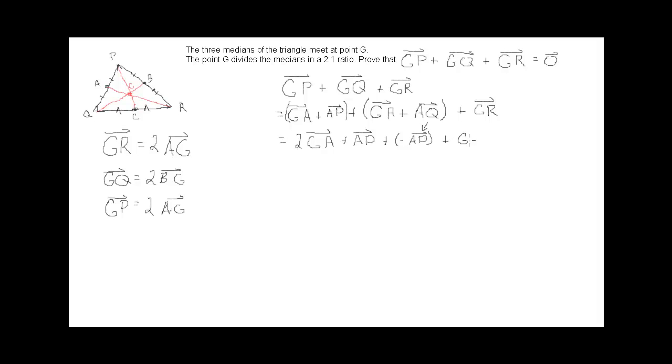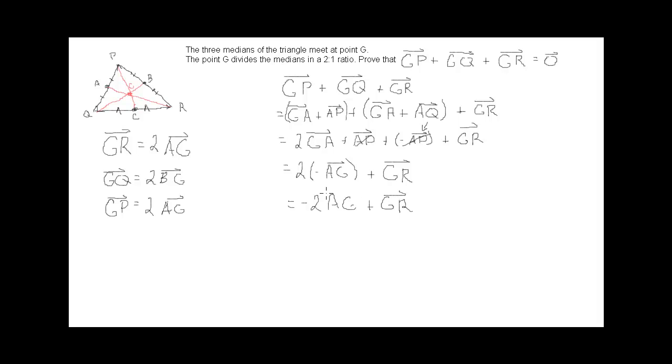Plus, then I left that one. I got two things canceling. That's pretty good, that's kind of what we wanted. We're trying to get to 0, so I got rid of some of the stuff. So 2 times GA, which would be equal to 2 times negative AG plus GR, which is negative 2 times AG plus GR.